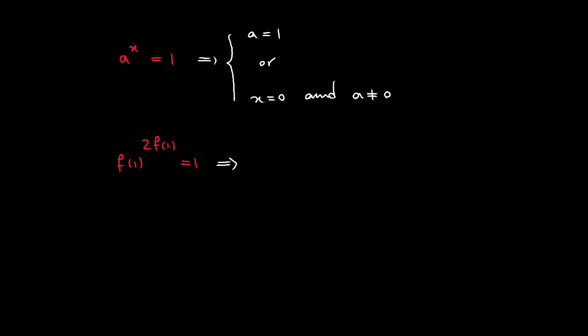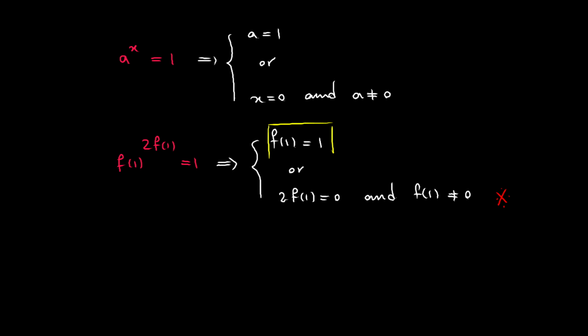So in our case, if the base is 1, we have f(1) equals 1. And if the power is 0 where the base is not 0, we would have f(1) equals 0 and f(1) is not equal to 0, which is a contradiction. So the only solution for f(1) is f(1) equals 1. I hope that makes sense.